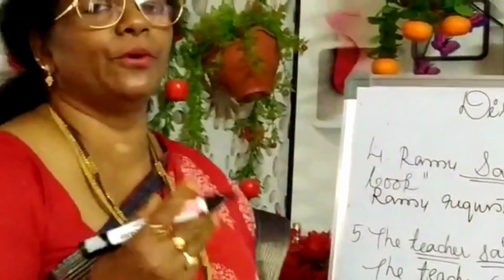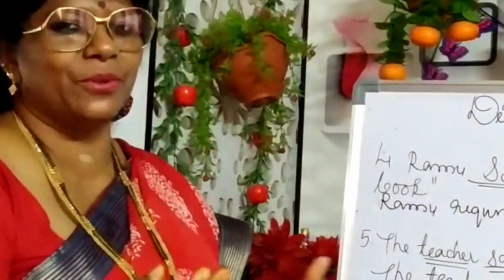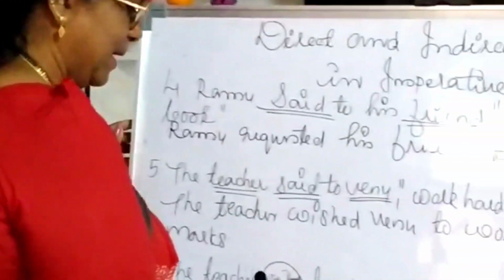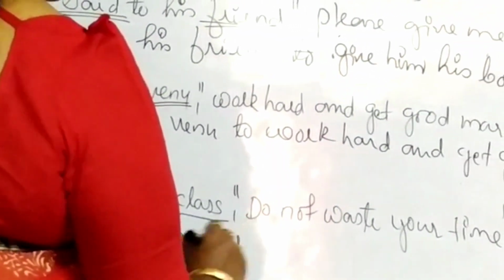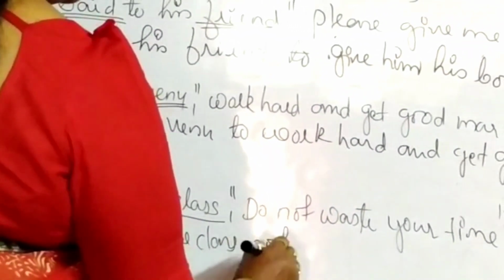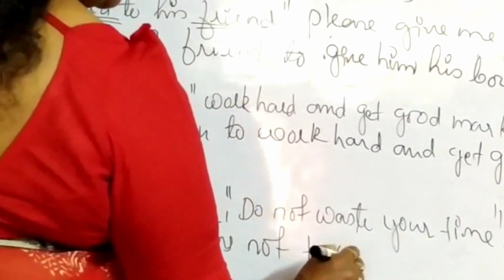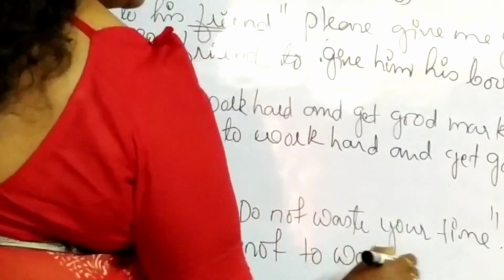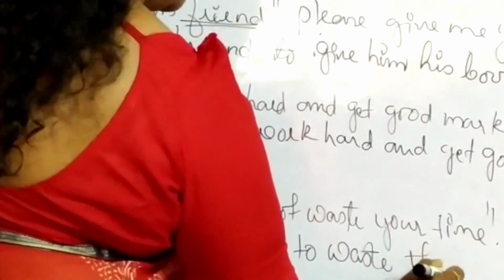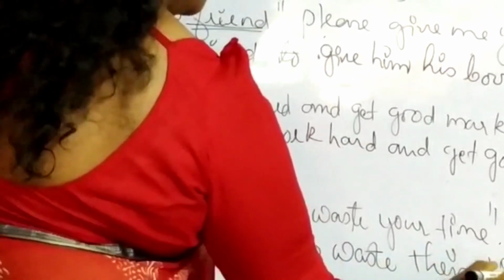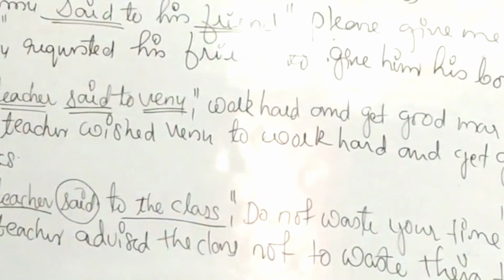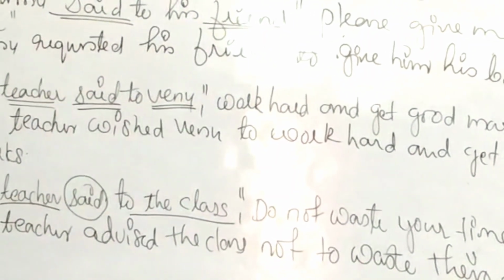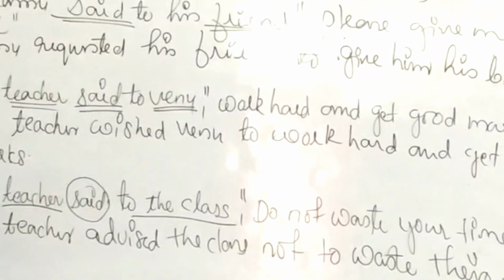After removing the comma and inverted commas, what do we have to do? We use the to infinitive: the class not to waste their time. The teacher advised the class not to waste their time.